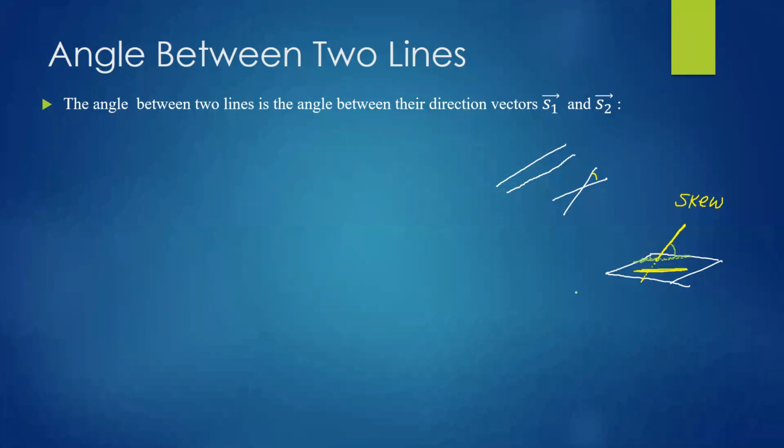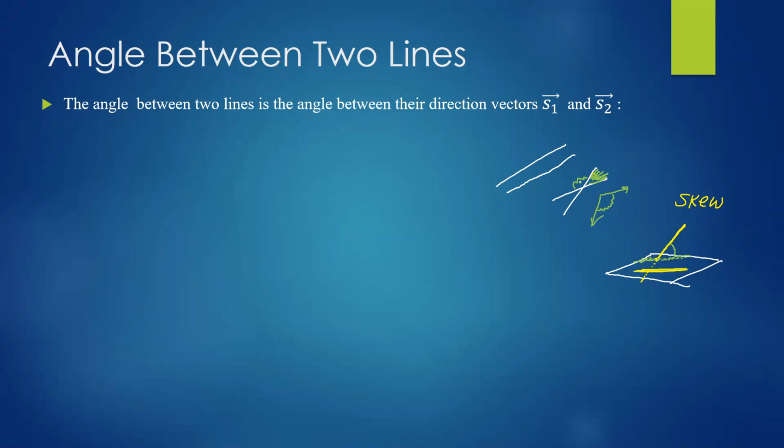And so we could say it's the angle between the direction vectors in some sense. However, we understand that the direction vectors could form an obtuse angle, and the angle between the 2 lines is actually always the smaller of the 2 angles, not the obtuse angle, but the acute angle, or at worst, the right angle, perpendicular lines.